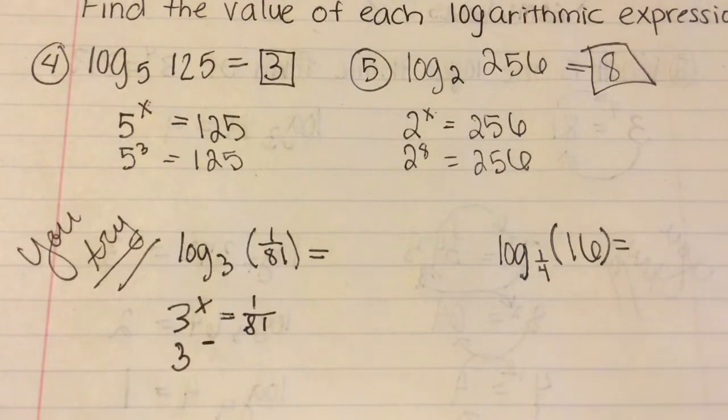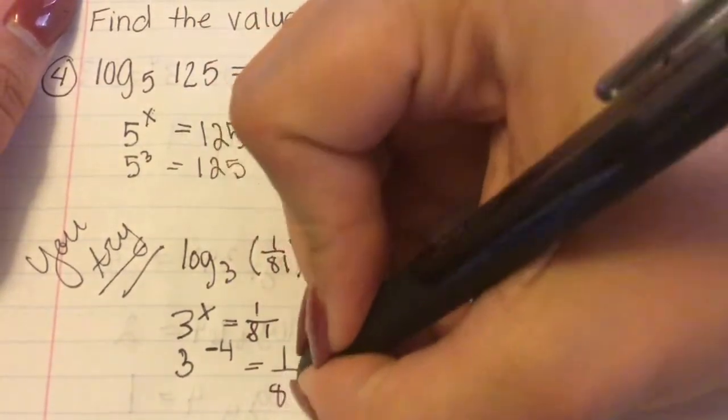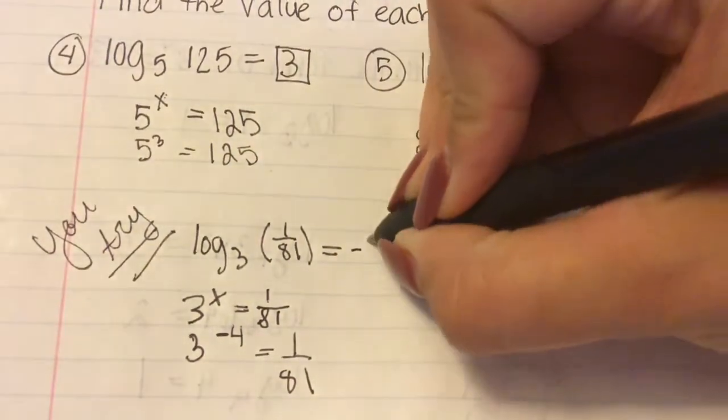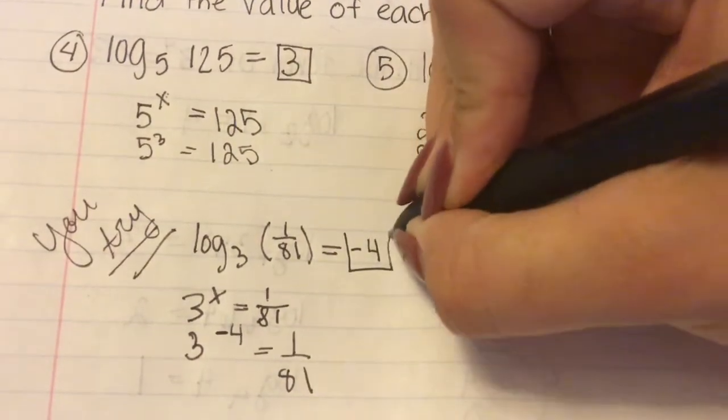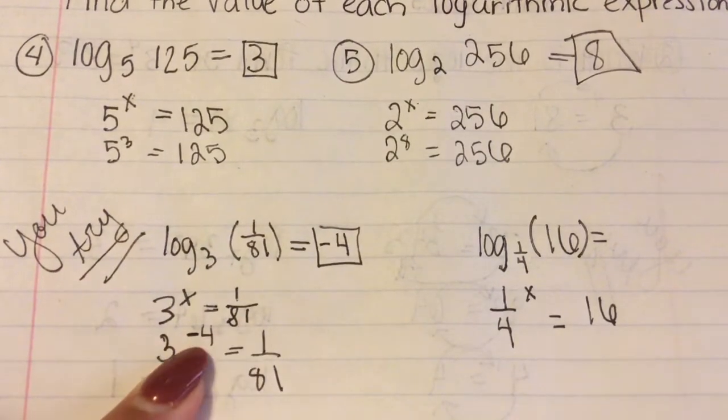That 3 to the 4th power is 81. So that must mean that 3 to the negative 4th power is 1 over 81. Means that this up here is negative 4. When a whole number becomes a fraction, I used a negative.